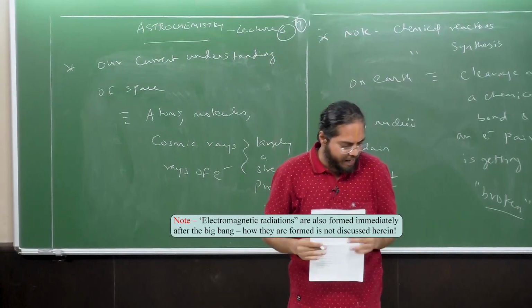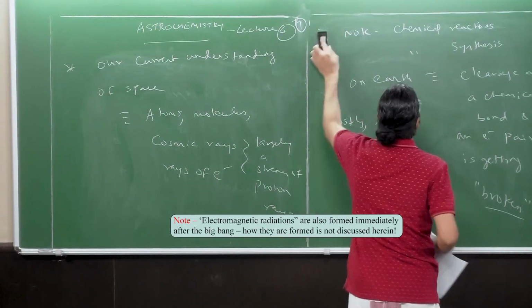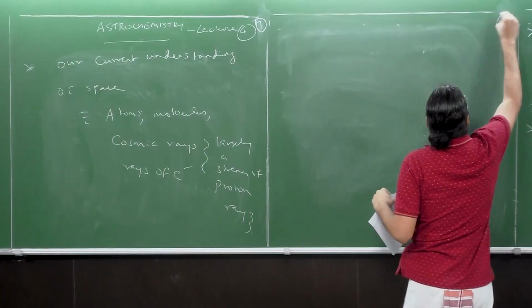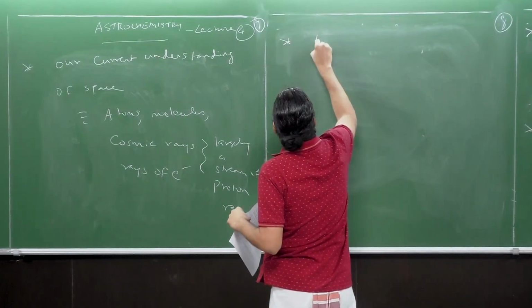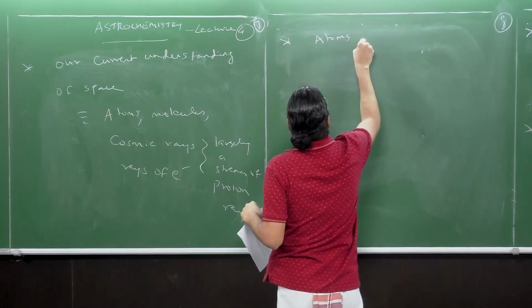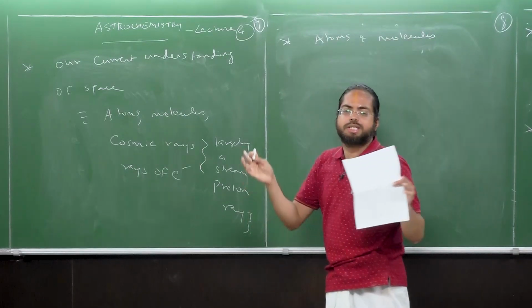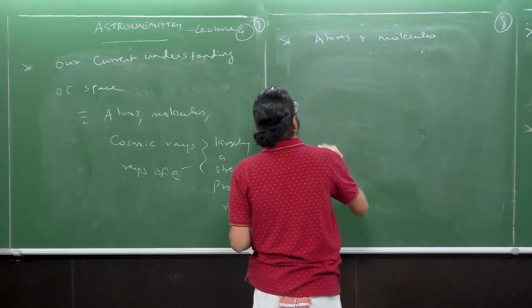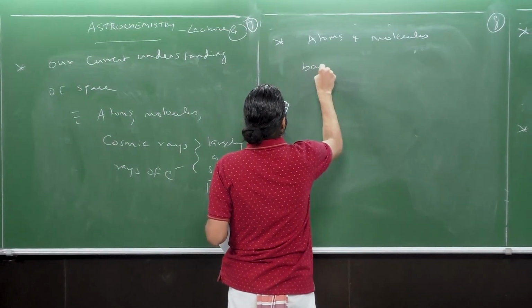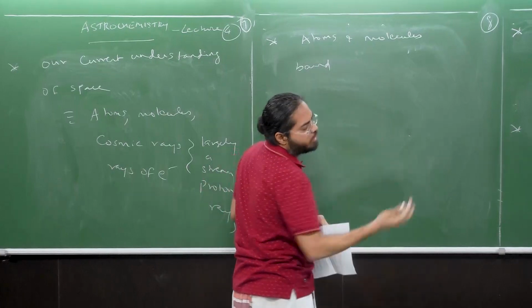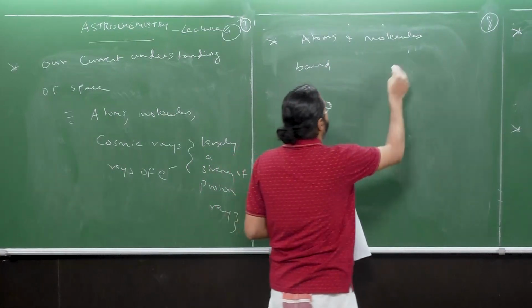Now, what happens is that these atoms and molecules can be bound together by weak chemical forces. When I say atoms and molecules, I'm talking about a bunch of them.